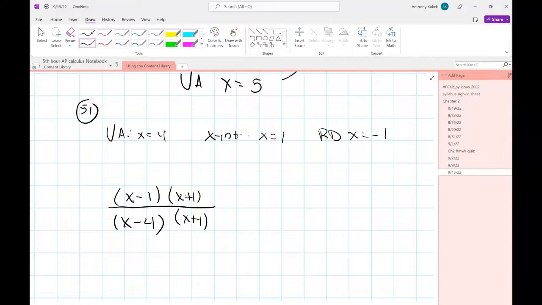And it says then the limit as x approaches negative 1 of f of x has to equal 2. Everybody's okay with all of this? All right. And then it asks to evaluate f of 0 and the limit as x approaches infinity of f of x.